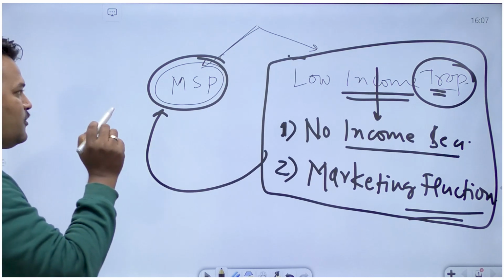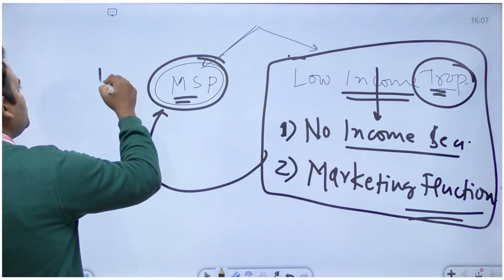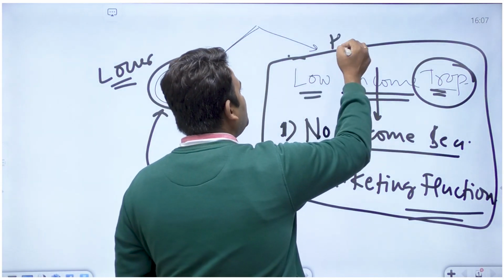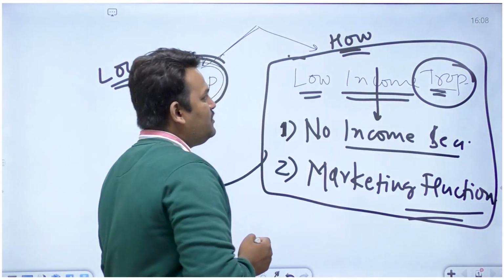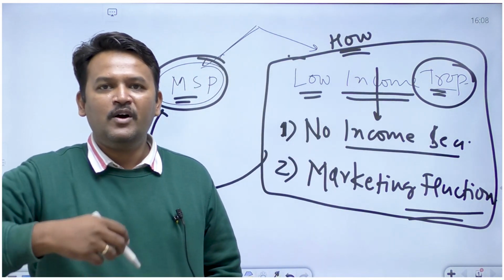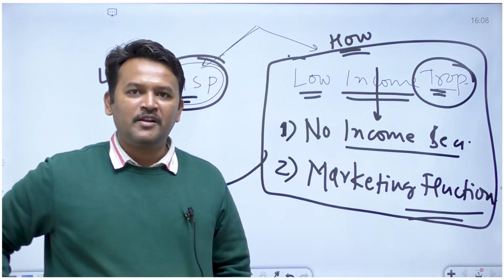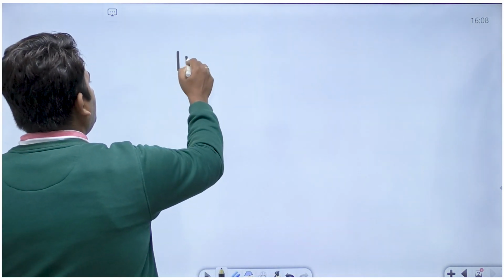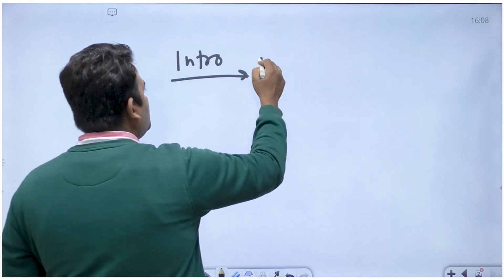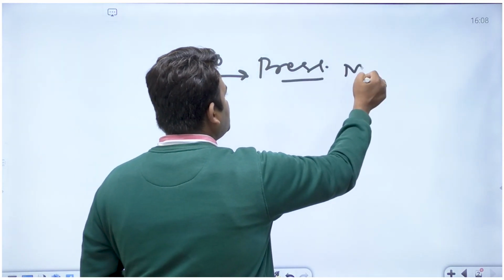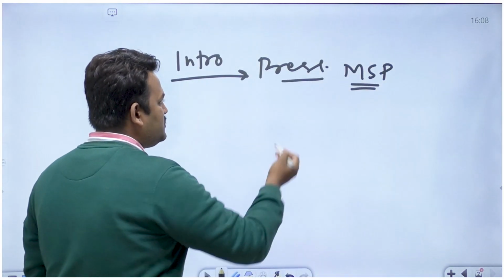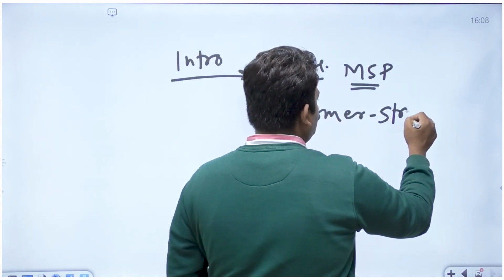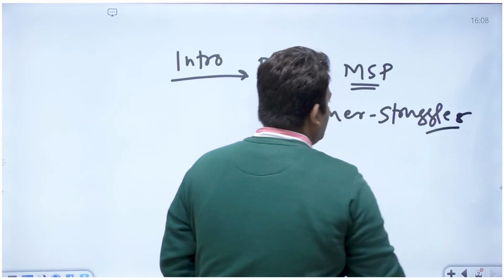So for our question, the locus is MSP, while we are going to focus on the how aspect of the MSP question, right? How MSP will improve farmers' income, right? When we go towards the structure of this particular question, in the introduction we can write about the present context of MSP. MSP has been in discussion for the last 2-3 years, right? There are farmer struggles observed in India, right?